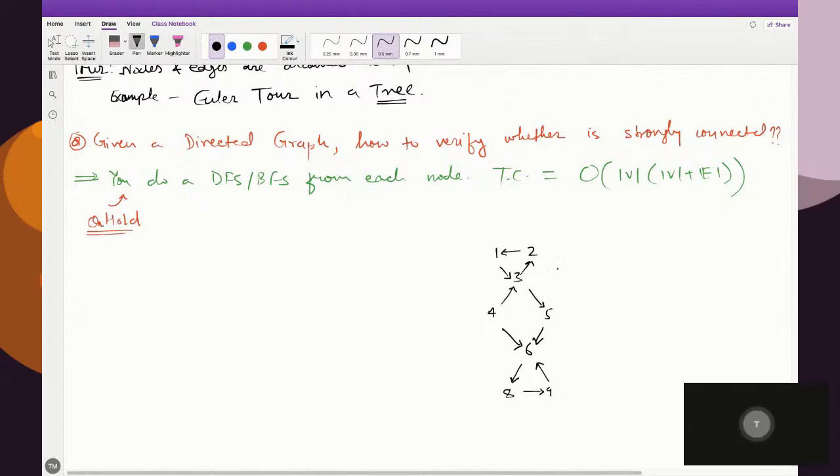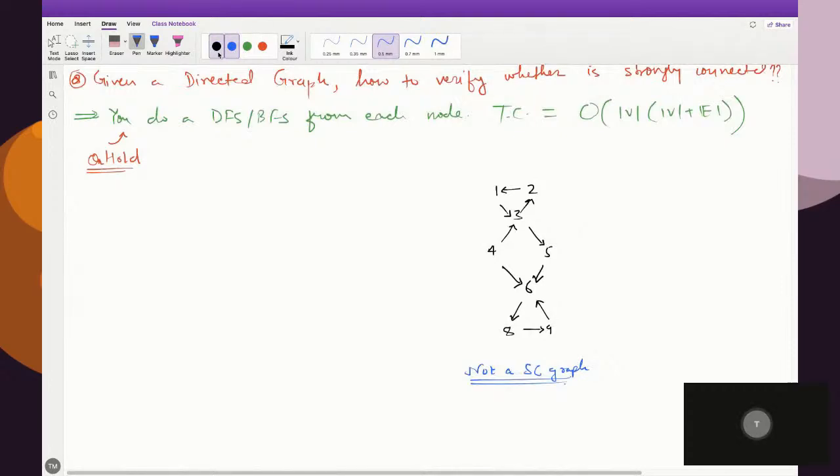Now this is not a strongly connected graph, right? Not a strongly connected graph. So let us observe some properties of this graph. Let us try to find the components of this graph which are strongly connected.